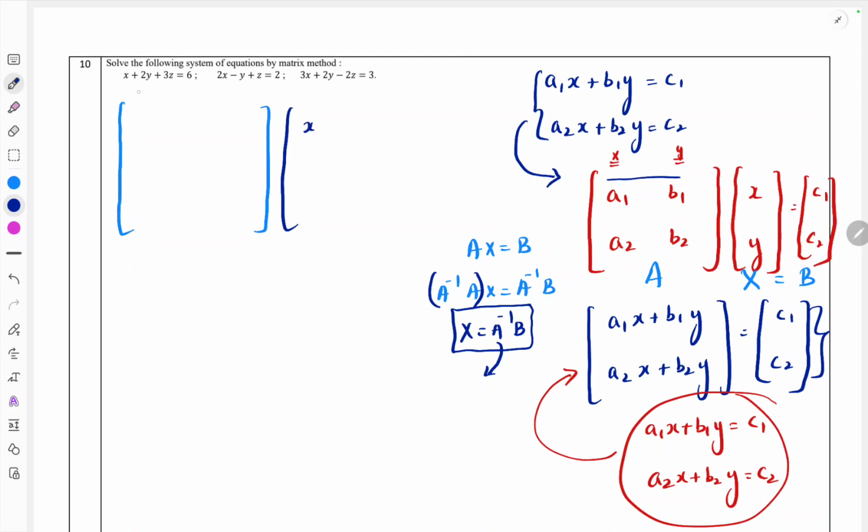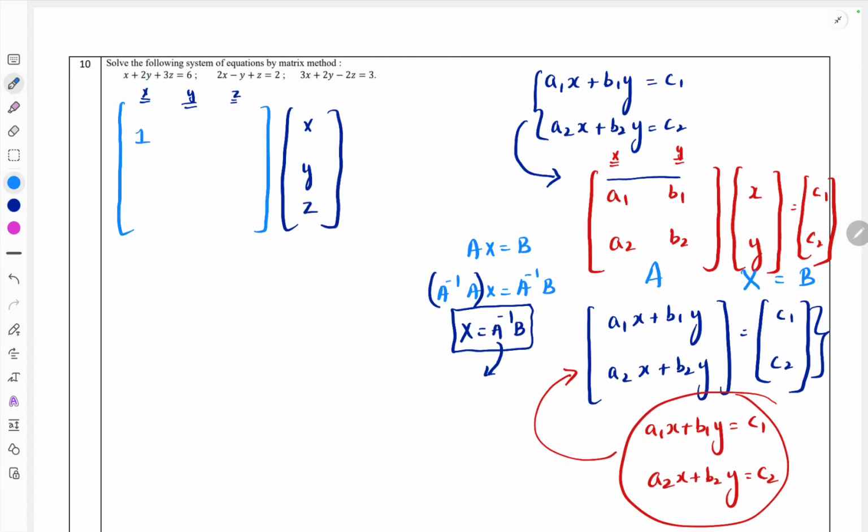Suppose if I write the coefficient of y in the first column, in the first row I have to write y. So like this we have to do. So here I will go in order itself: x coefficient, y coefficient, z coefficient. What is the coefficient of x?